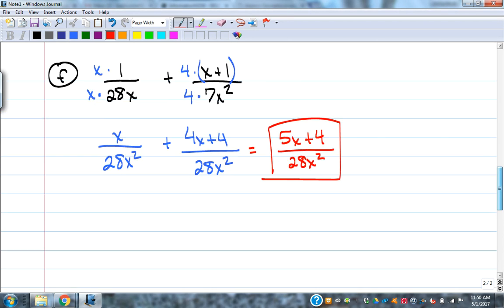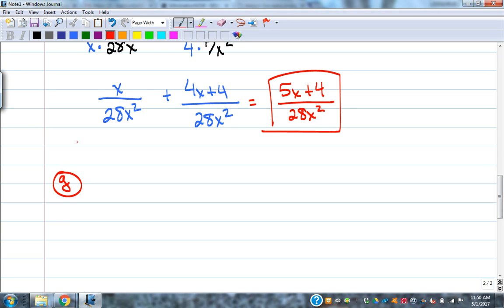All right. 10 over 3x minus 7x over x plus 2. I'll go ahead and just put that in parentheses. So here we've got a 3x and an x plus 2. That's two completely different factors. Believe it or not, these are the easier ones because they don't share anything.